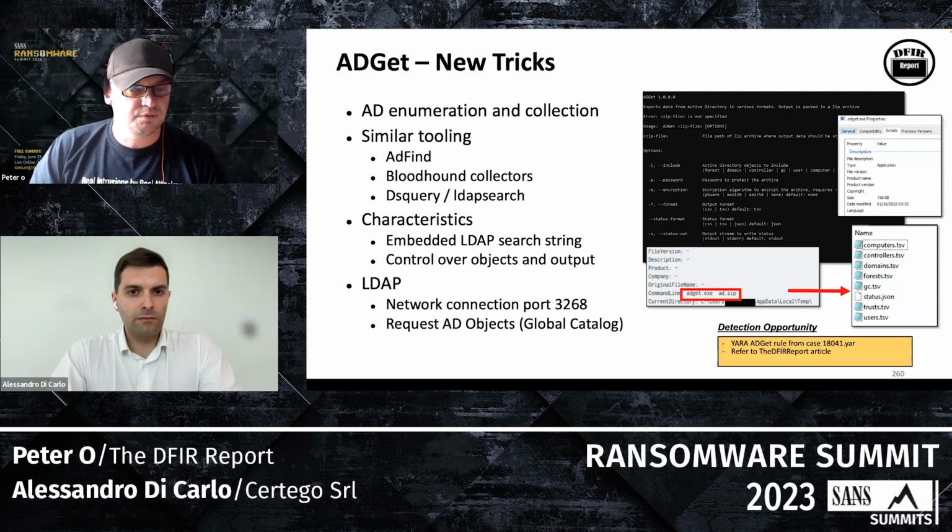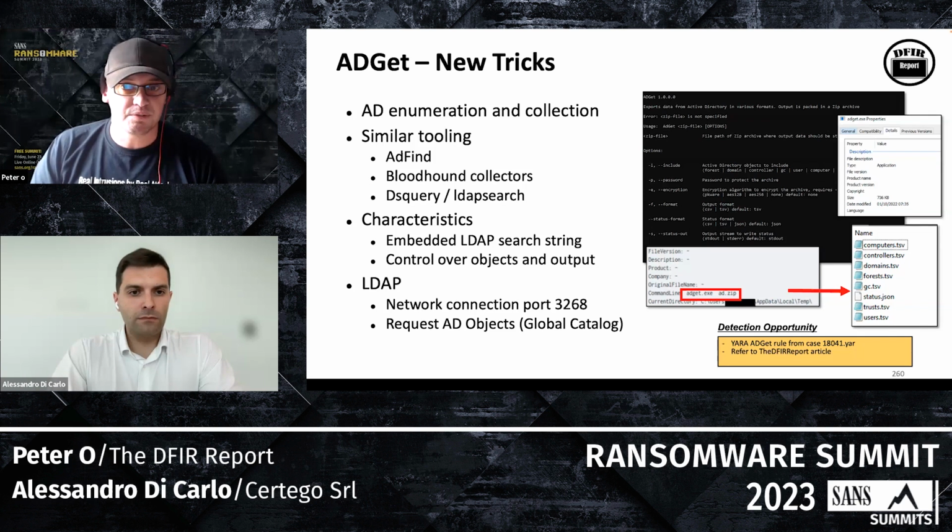The difference between ADGet and AdFind is that ADGet has no LDAP strings put in a command line or anything. It's all built in, so this makes detection a little bit harder. There are some command line options that can be used, but we haven't observed them yet.